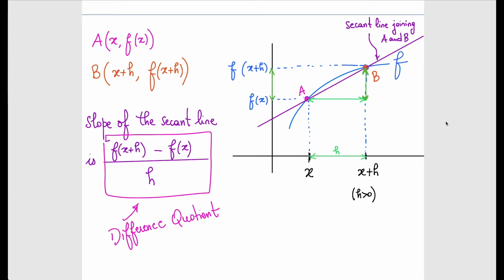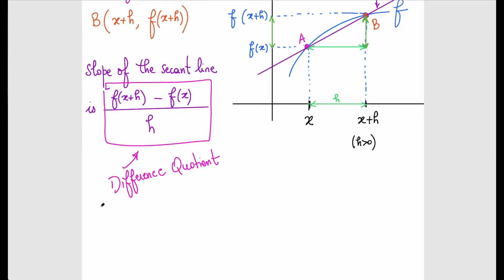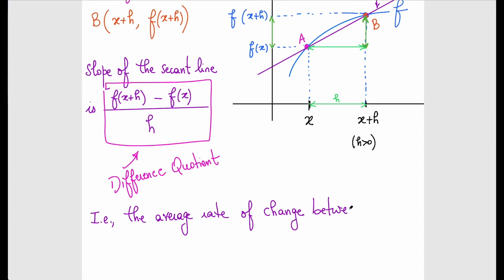Let me also write that down. So that is to say, the average rate of change between the points A and B. Okay, which means, over this interval of time, which is of length h, how much was there change in y, right?